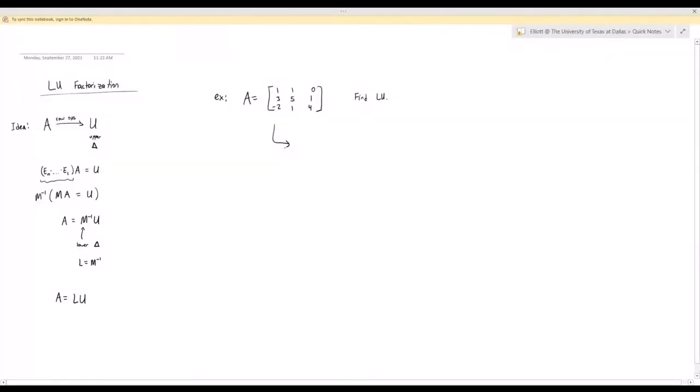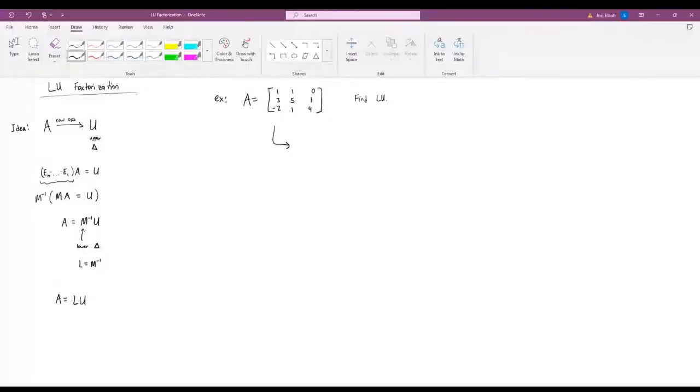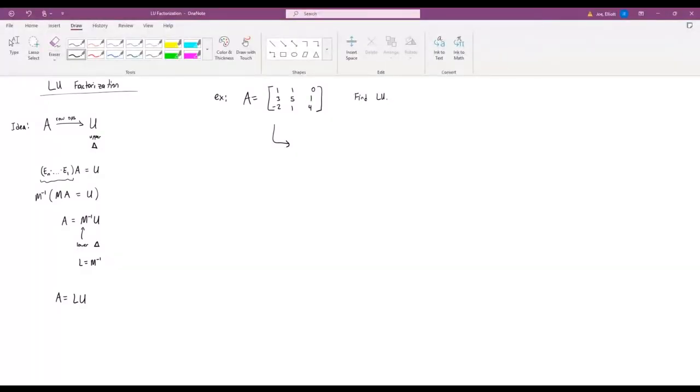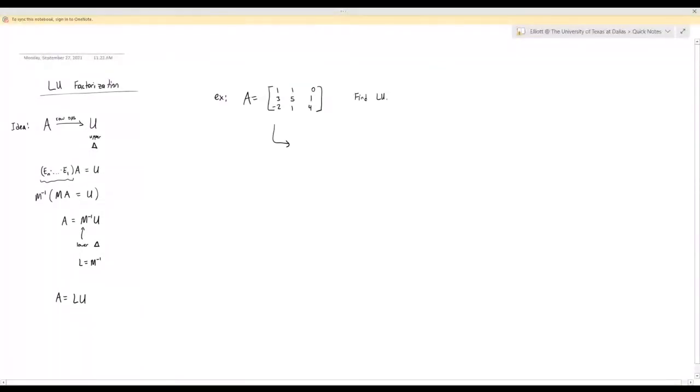Now, when you're getting the LU factorization, you don't want to do any row swaps, and you don't want to multiply a row by a number. So for LU, you can only do one type of row operation. Okay, so that's kind of important to note.